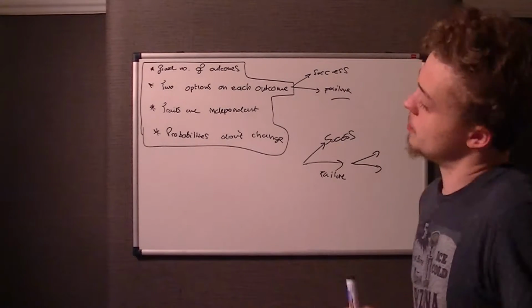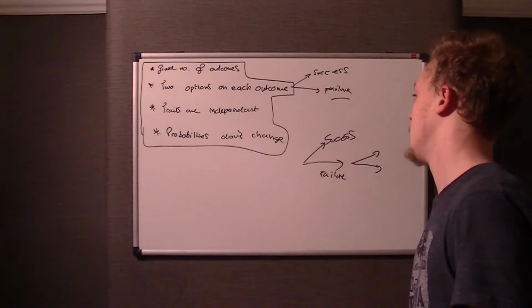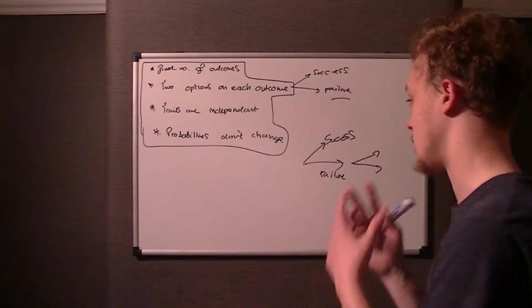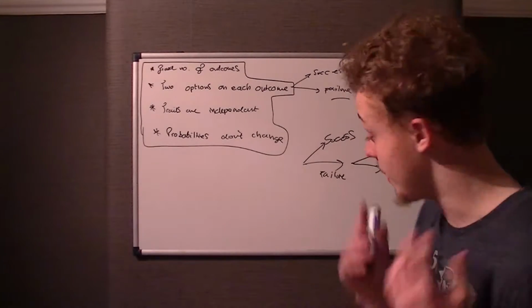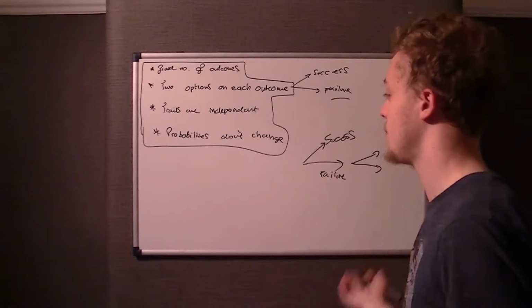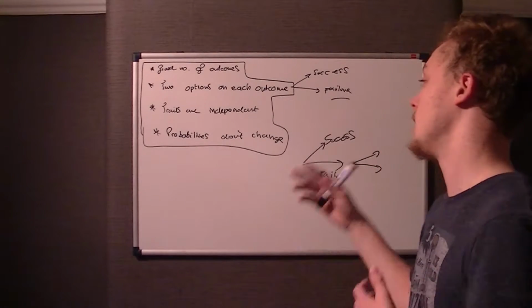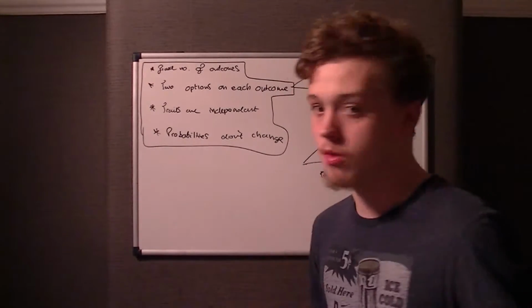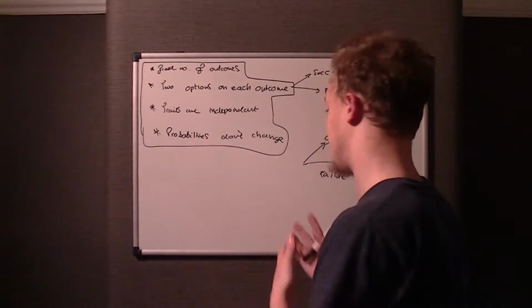So there's a fixed number of outcomes, two options on each outcome, so it's either a success or a failure. The trials are independent, so your probability of getting a failure on your first go is exactly the same as failing on your 7th go or 12th go. And the probabilities for each outcome don't change no matter how many throws of the dice you do.